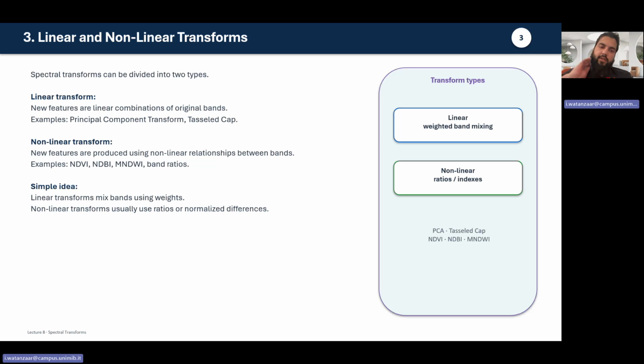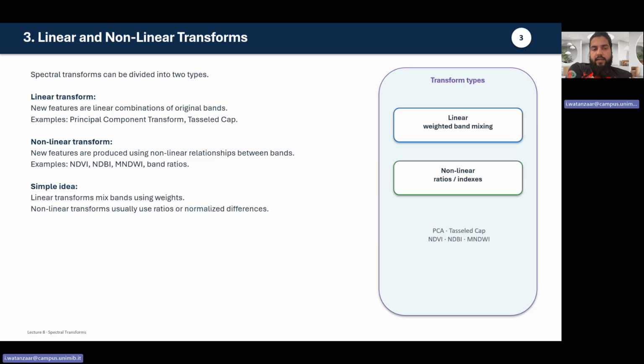NDVI is the normalized difference vegetation index, used specifically for vegetation as a ratio. NDBI is the normalized difference built-up area index, and MNDWI is the modified normalized difference water index. There are multiple band ratios, and I have taken these three as examples in this lecture.